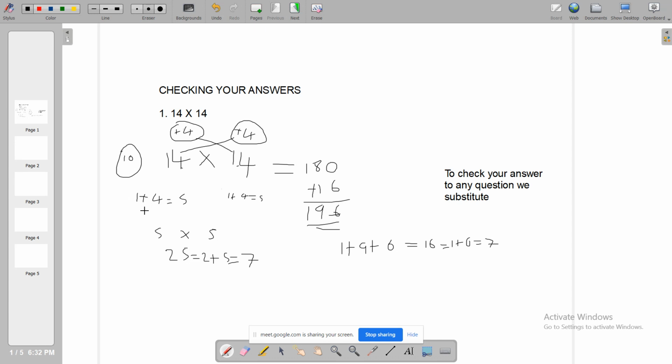So now we have a double digit here, so we need to find a substitute for this 25. A substitute is just to add the digits. So now I'm adding 2 plus 5, which is 7. So now my check answer is 7. It means that when I add the digits of the answer I got here, I should get 7. Do you understand?